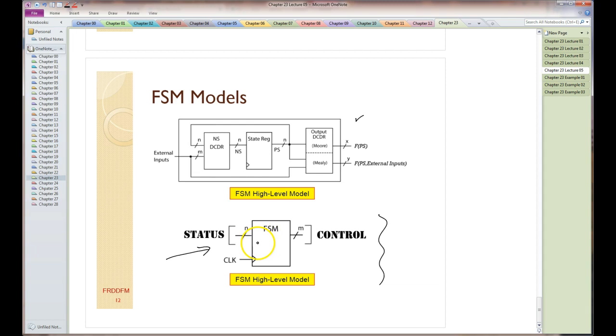It looks at the status, decides what to do, and sends out control signals. And if you remember from the other foundation modules, essentially they are sending out status signals, which the state machine is reading, and they are inputting control signals, which are being output from the state machine. And we will see that quite a bit later as we work with state machines that are actually controlling circuits.